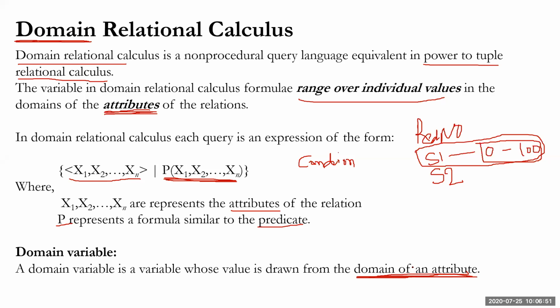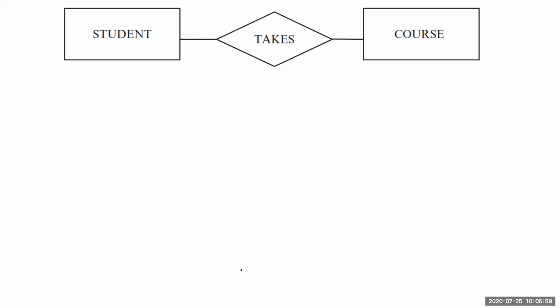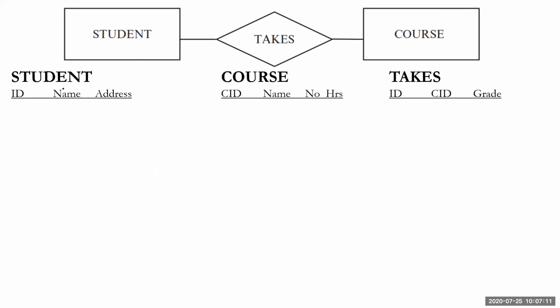And if you want to specify any kind of predicate, you will go ahead and specify it like this. For example, consider this relationship: student takes a course. We have different types of attributes on a student, different types of attributes on a course, and different attributes on takes also.